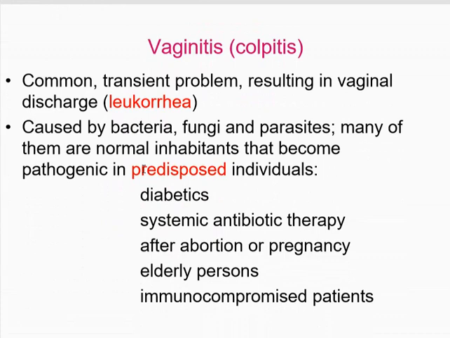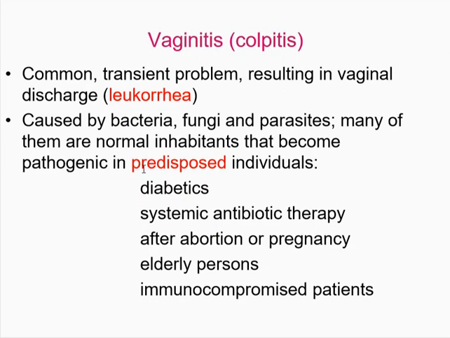Colpitis or vaginitis is the inflammation of the vagina. This is often a transient problem resulting in discharge through the vagina. This discharge is called leukorrhea.